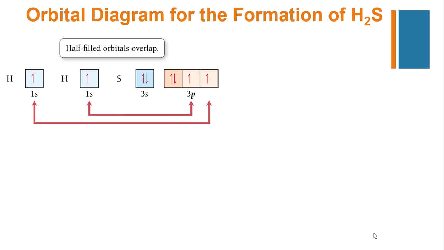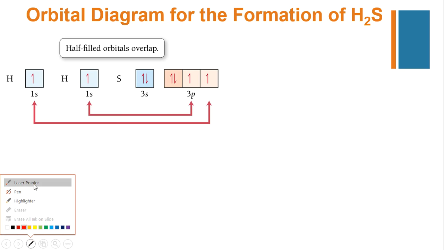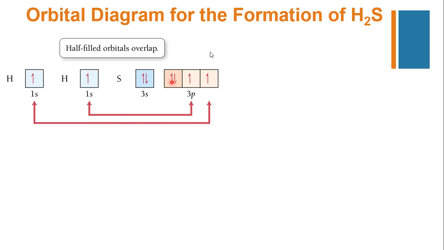All right, so let's take a look at an example. If we look at H2S, here's what we see from an orbital diagram perspective. So we've got, let me get my pointer. All right, so up here we've got 2 atoms of hydrogen.